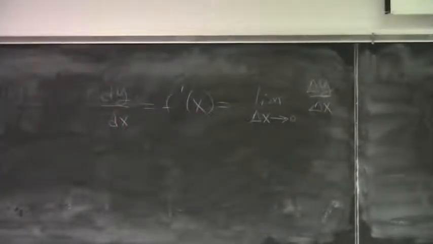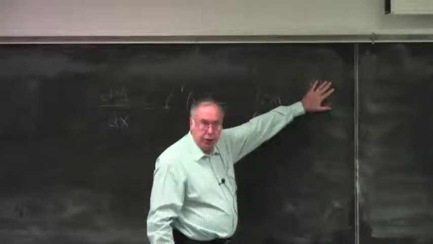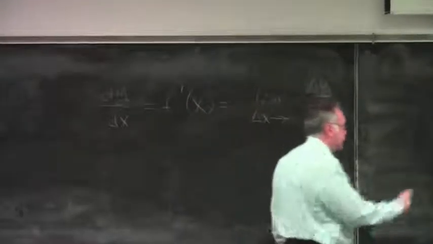Now, what is this delta y over delta x? Let's talk about this first. This is called the difference quotient. Delta y over delta x is called the difference quotient.